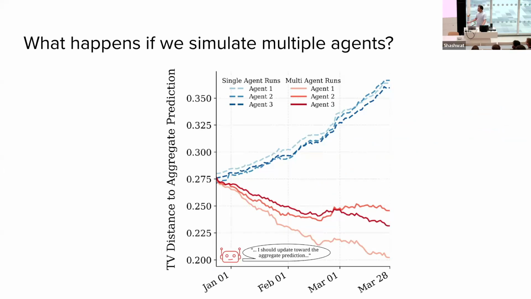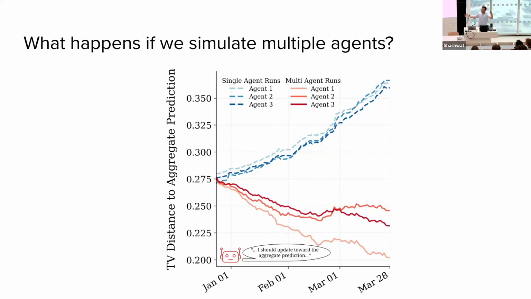And we ran this with DeepSeek V4 Pro. What we do see is an interesting trend where on the y-axis, we essentially plot distance, which means that if it increases, the predictions are getting more dissimilar, and if it decreases, the predictions are getting similar. So in the single agent runs, which are the blue lines, the agent's predictions diverge over time.